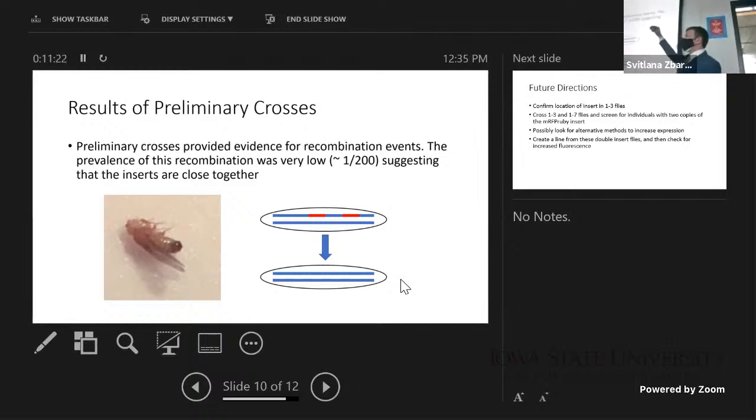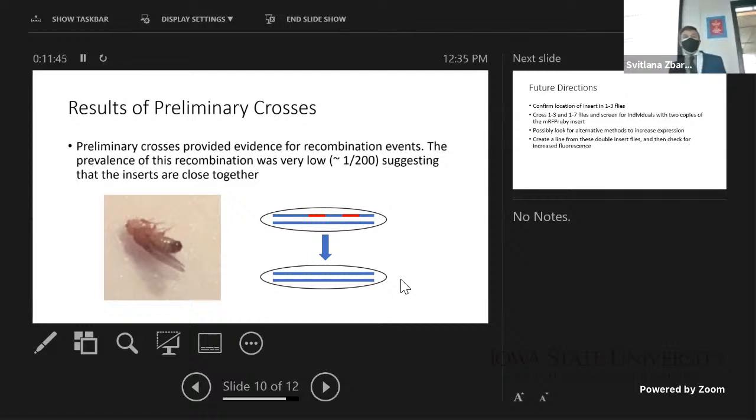In the case when it flips over on the other chromosome, if you keep this bottom one, the fly has neither, and that's why you see a white-eyed fly here. And so we know that recombination did occur, but we got the other end of it. This fly wasn't actually usable by us, but we know it's promising to see that it's possible. And so it's a good sign.